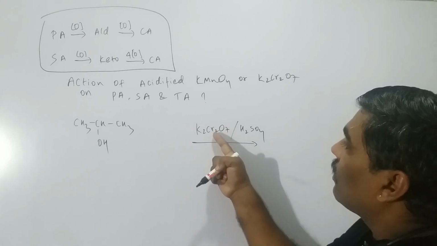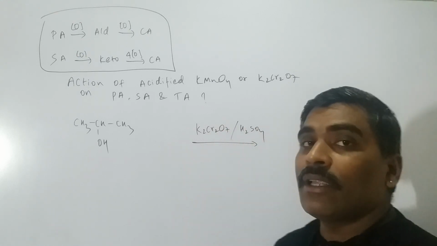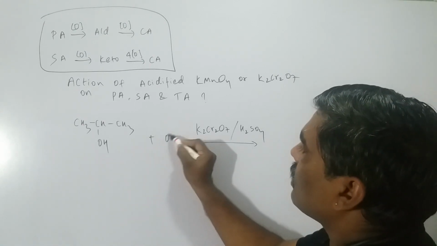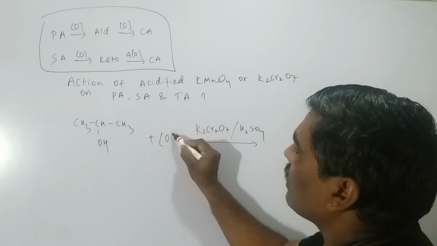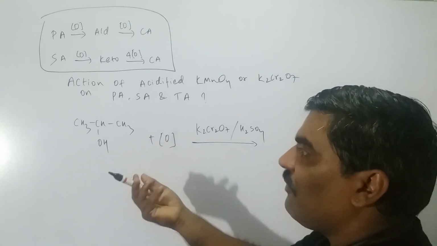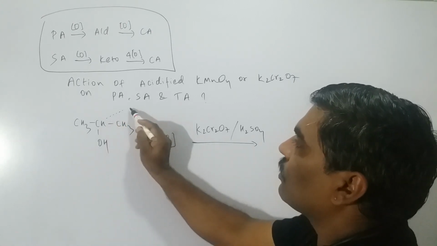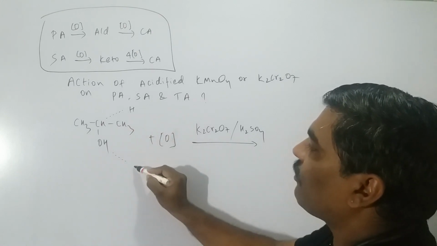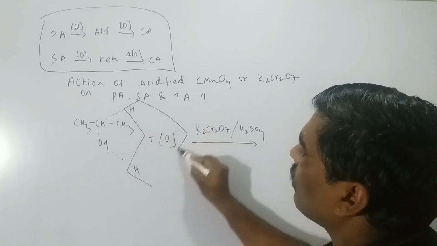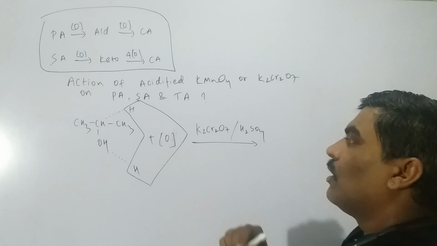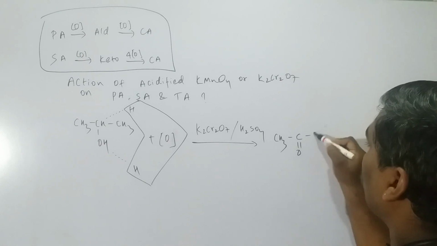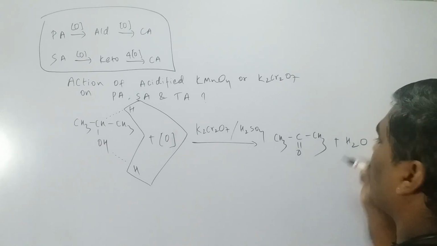What does this acidified potassium dichromate produce here? Oxygen. So this nascent oxygen is obtained. Okay, now we'll see. In the same way here, the alpha hydrogen and the hydrogen from the functional group, a water molecule is given out, and what forms here is this ketone plus water.